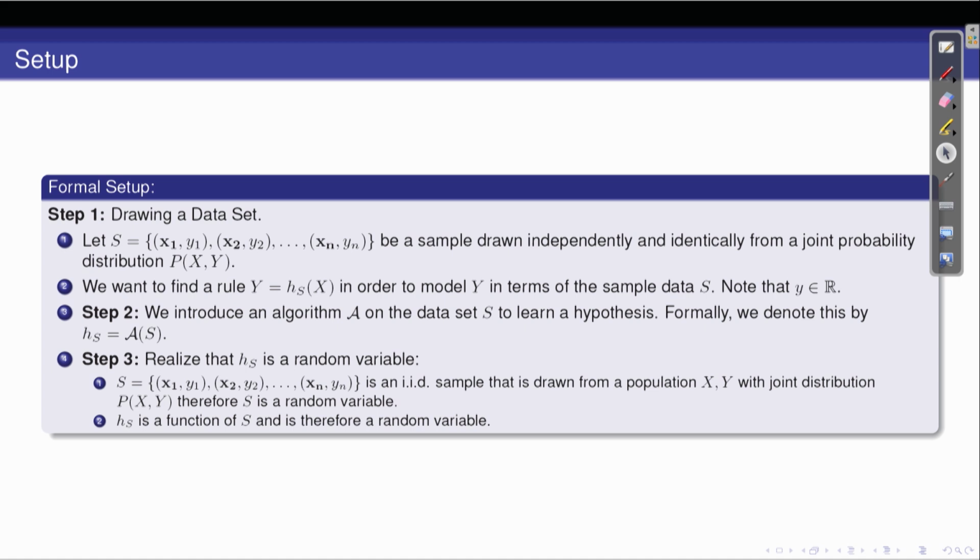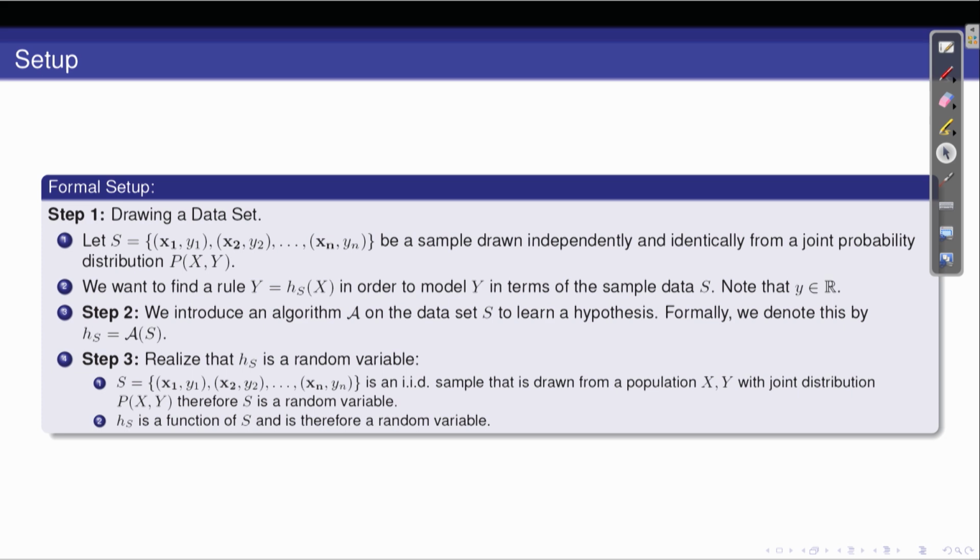Now, the point of statistical learning theory is to study the algorithms. After all, when you want to find a model for y in terms of x based on a particular drawn sample, you observe the sample, go through some finite number of steps, and come up with a formula, or let's say even steps of formulas.